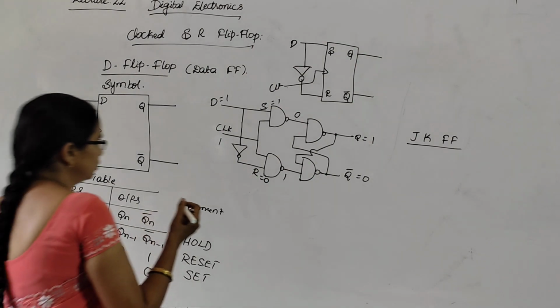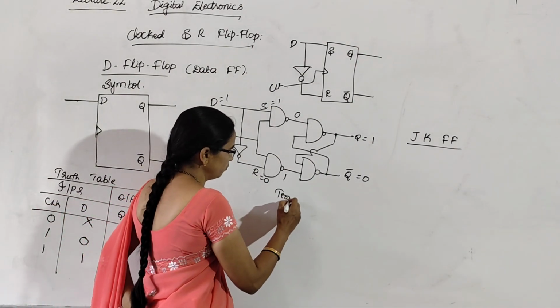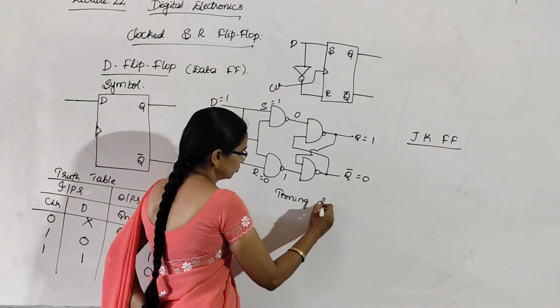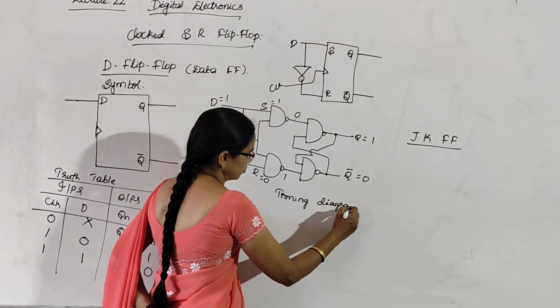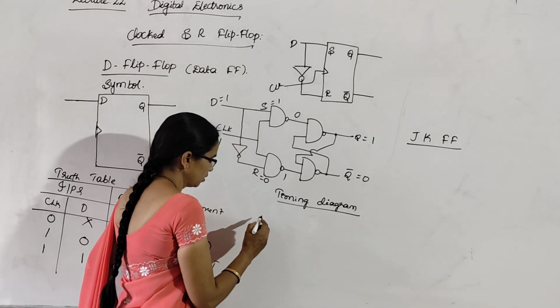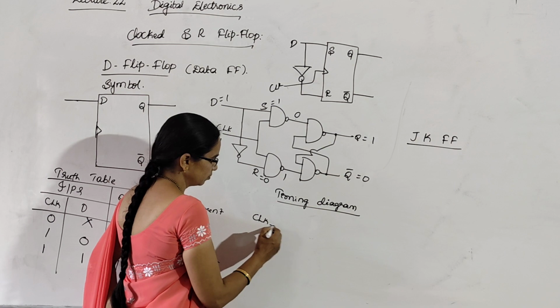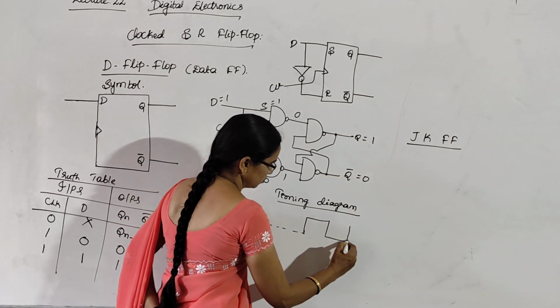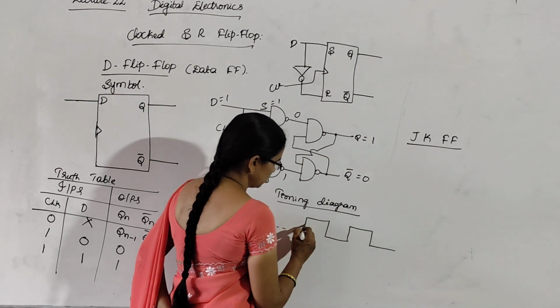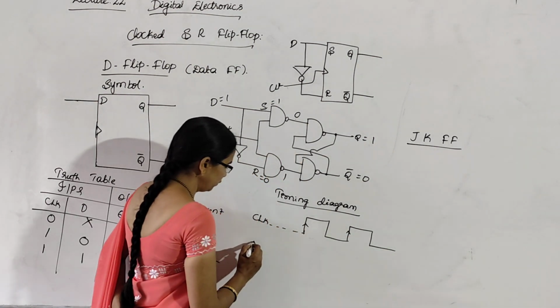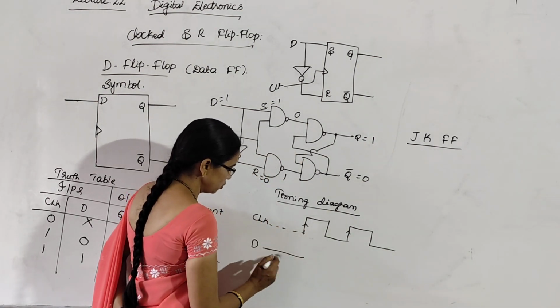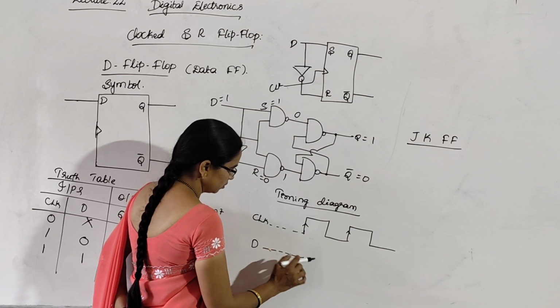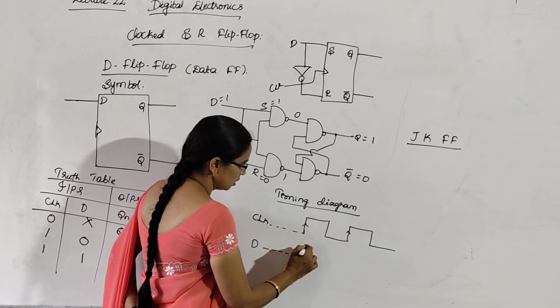Let me draw the timing diagram for the D flip flop. For the clock, and for D is equal to 0 initially, then D goes high.